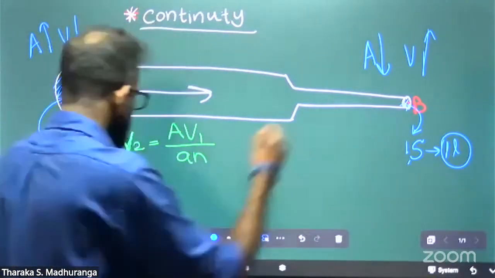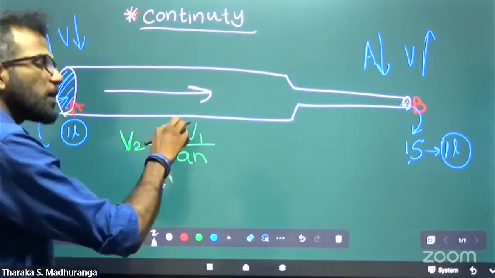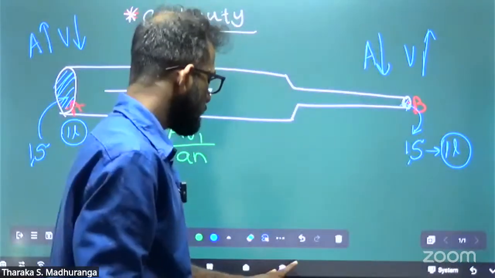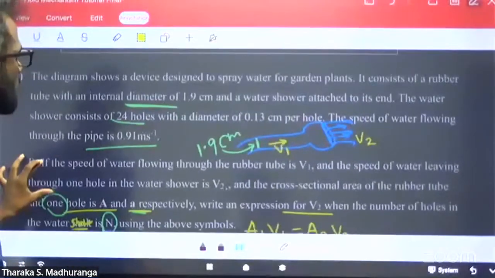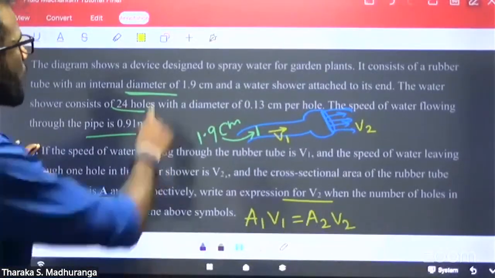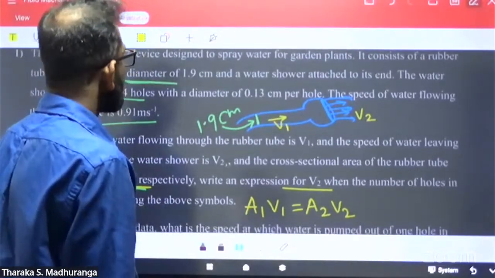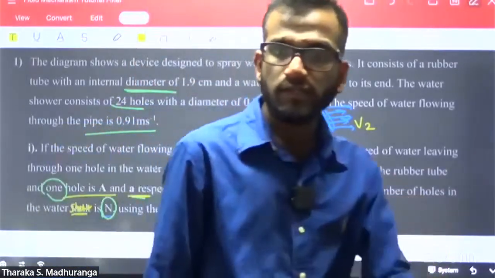Okay, now what is the cross section area of the large pipe? The diameter is given in the above question. The diameter of the pipe is 1.9 centimeter. Diameter means, what is the radius?